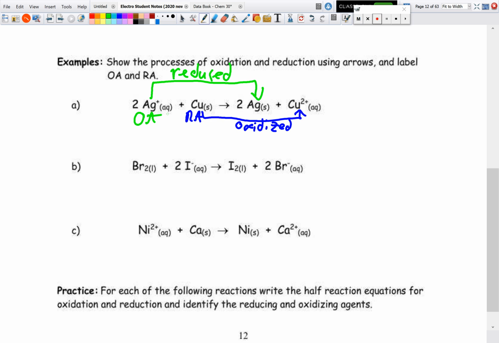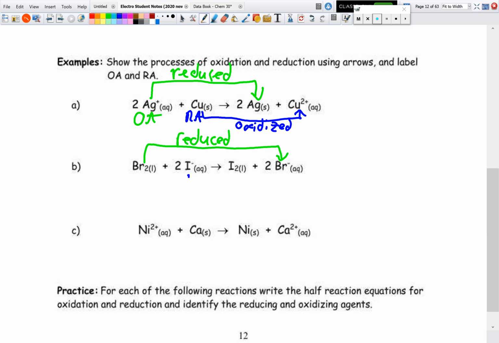Same thing in example B, you figure out what is happening. We have bromine as a liquid over here, now it's an ion. To go from a 0 charge to a negative charge, bromine needed to gain electrons, so it is reduced.